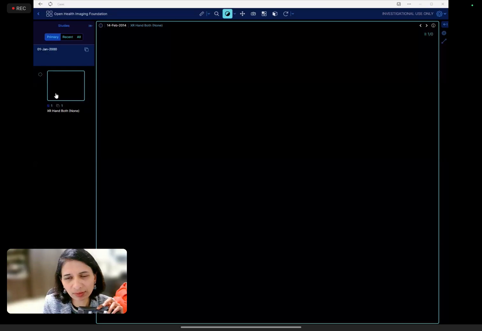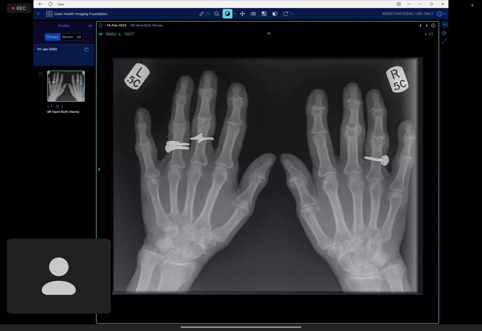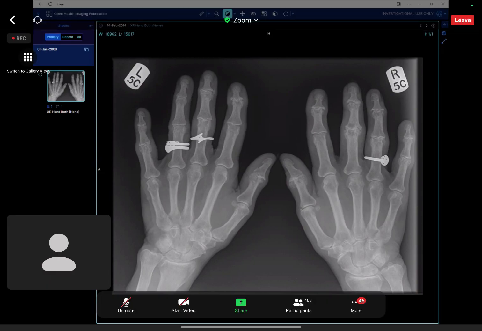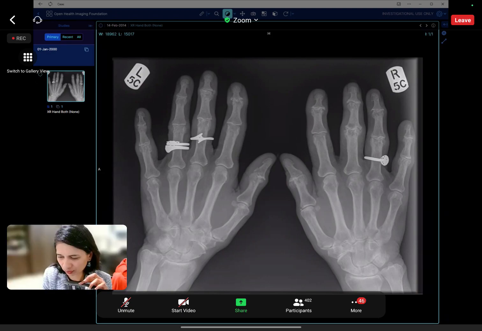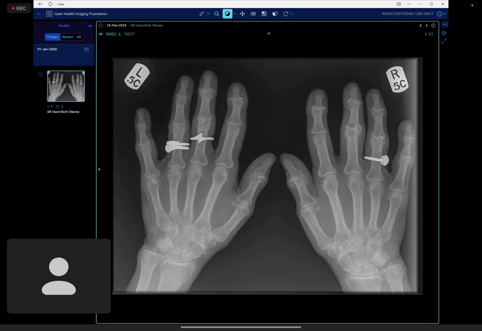So this is an elderly patient presenting with pain in both hands. Okay. So I'm presented with the DP views of the hands. I can see that there is involvement of the joint spaces of the proximal and distal interphalangeal joints.